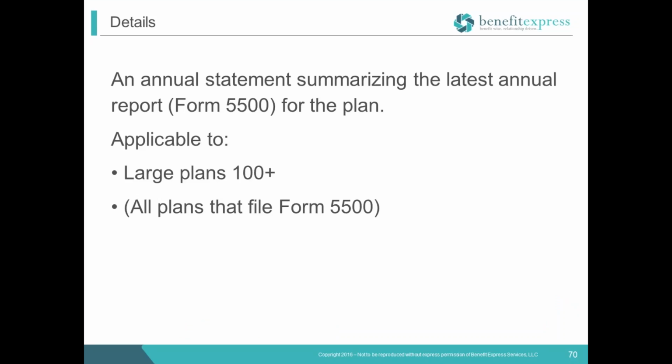Another requirement is a summary annual report. A summary annual report is only required if you have to file a 5500. So it's applicable to large plans, 100 or more, or if you're less than that, you have to file a 5500 because you're funded. What this does is summarize the information on the 5500, the information you file with the IRS.